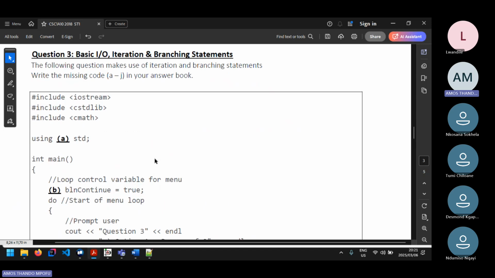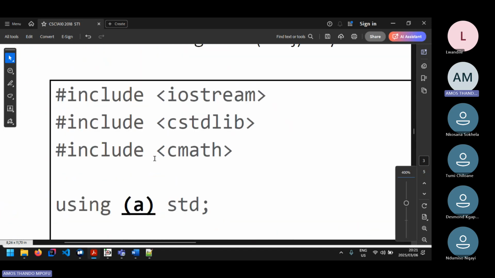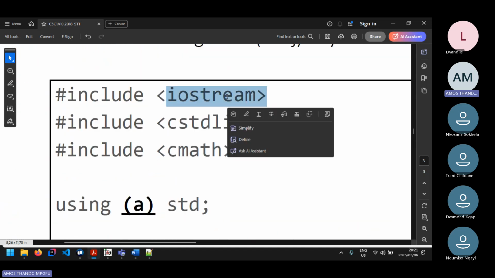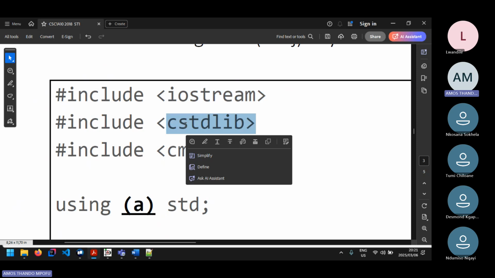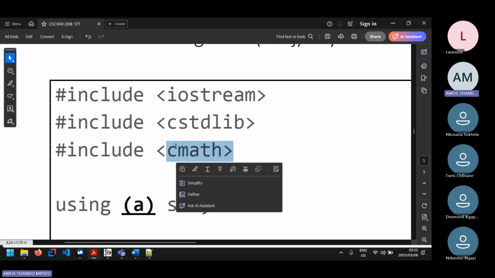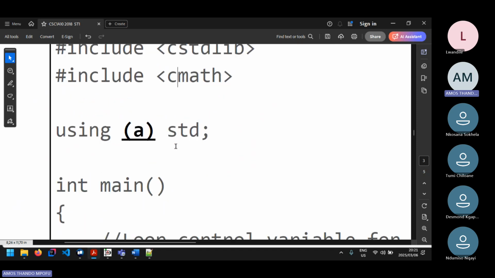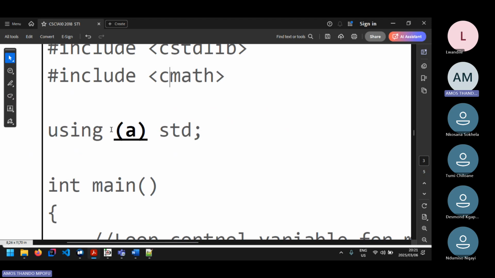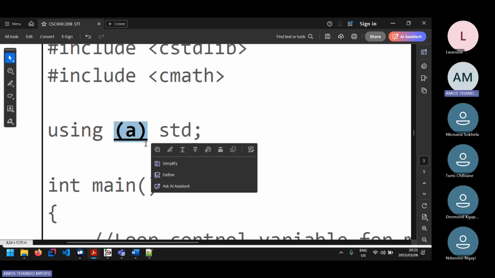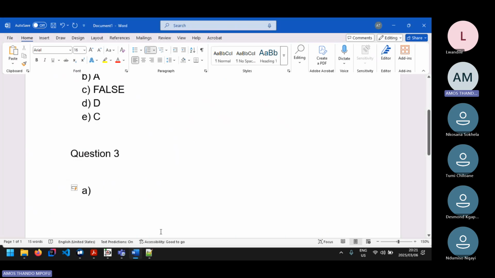If you look at our code, we start by saying #include iostream, output stream, cstdlib, C standard library, cmath, library for doing math operations or calling math functions. So using, and then here, what's missing here? It's namespace. So what's missing there is just namespace, in small letters, right? Not capital N. It's all small letters, namespace.